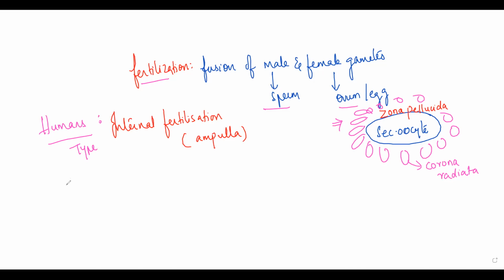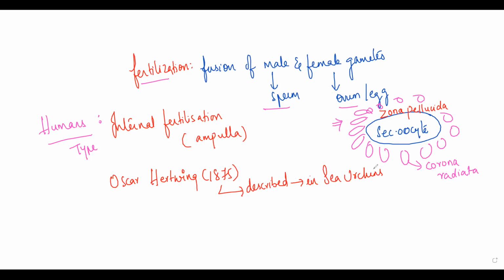Then next, the person to describe the fertilization in the sea urchins for the first time was Mr. Oscar Hertwig in the year of 1875. He has described this particular process of fertilization in sea urchins. Okay, children.